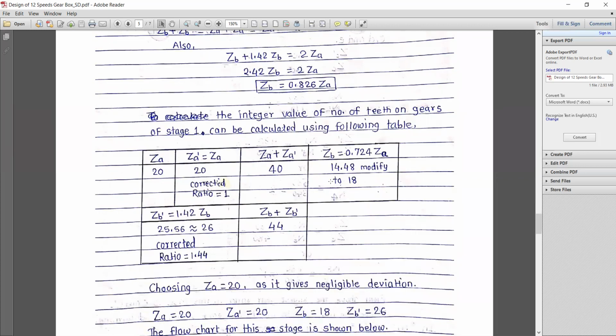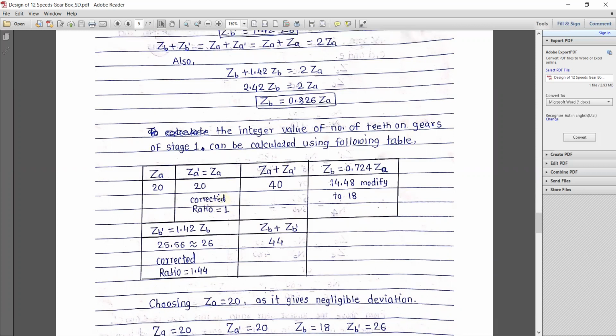Based on that, you can calculate ZB dash, which is 1.42 into ZB, and we find it is 26. Here the correction ratio we need to calculate. The total number of teeth is 44, so the correction ratio is 1.44.